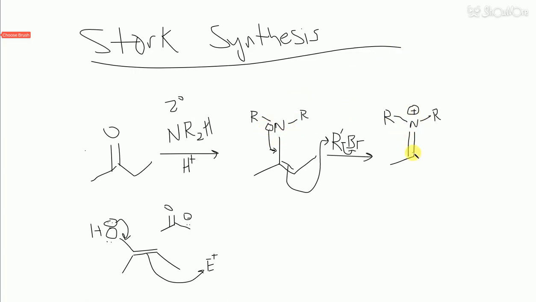Now it has 4 bonds, so 4 bonds is the positive form of nitrogen. Now, this carbon right here is going to have the addition of the R prime. You need to know this, and you need to be able to draw this out.